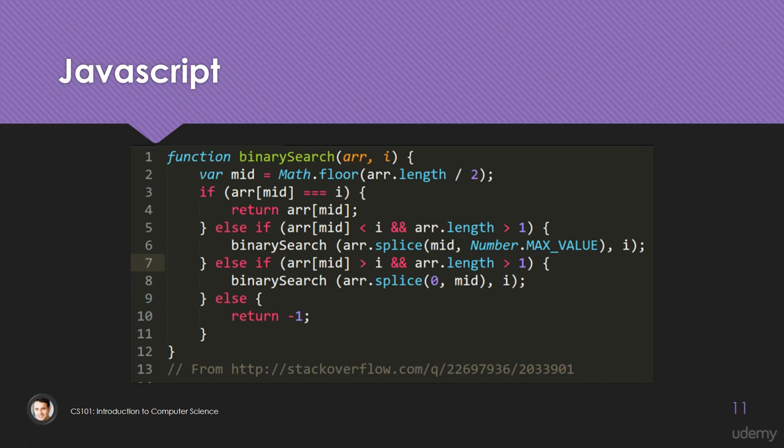Instead of passing in a low and high range, in this JavaScript function you're passing in half the variables. In line numbers 6 and 8, you can see arr.splice. What's happening is that it's simply taking the subset of the array and then passing that as the parameter to the function. But the idea, again, is more or less the same.